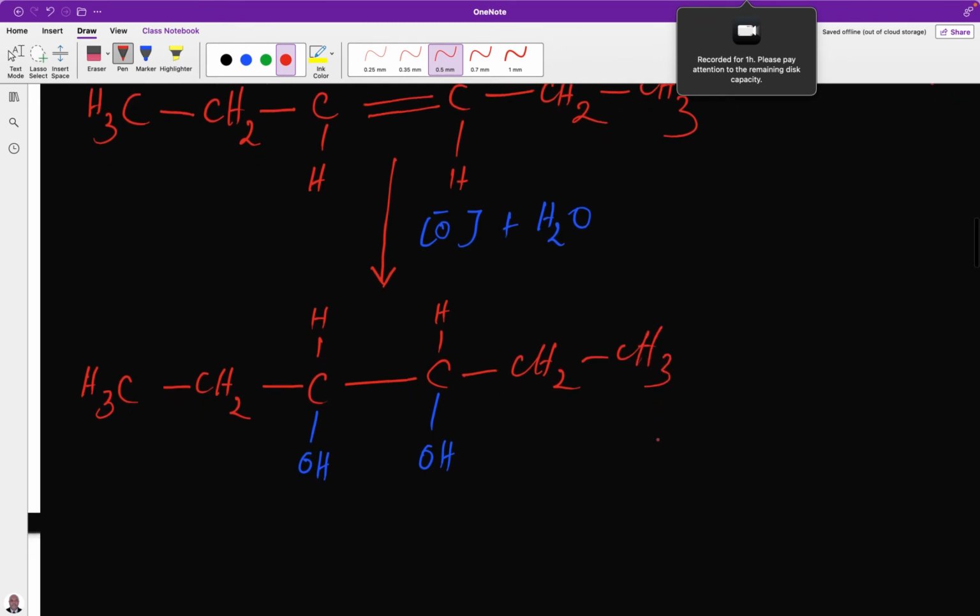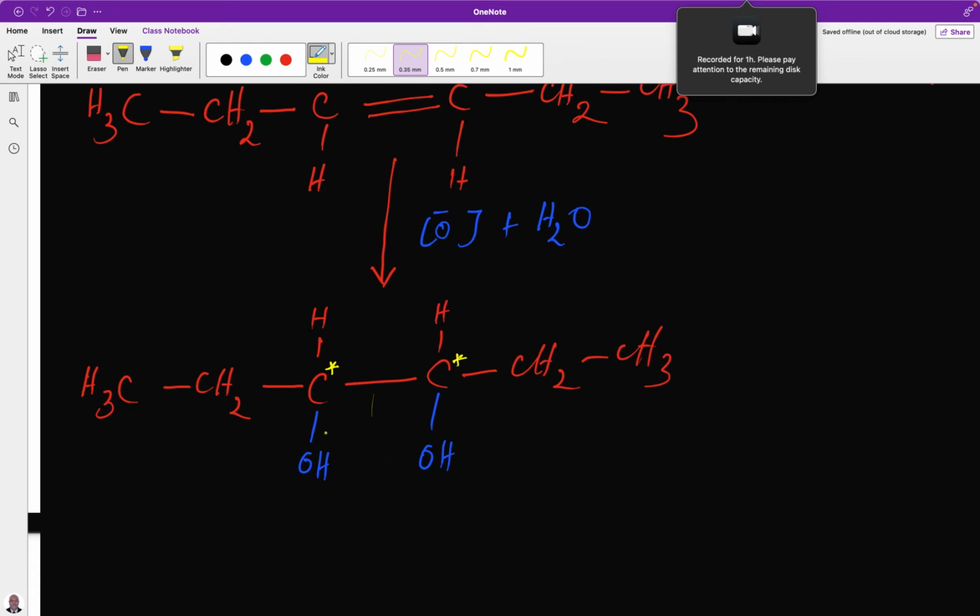Under this condition, you will see here that this carbon is a chiral carbon. This carbon is also a chiral carbon. Why do I say so? On this carbon, we have a hydrogen group. We have an alkyl group here, which is an ethyl group. We have an OH group here, and entirely we have this other group here.